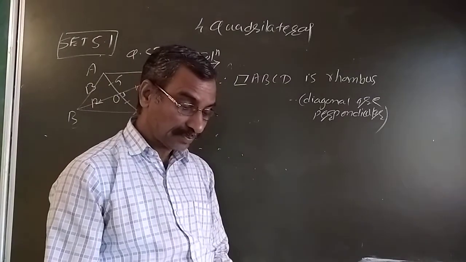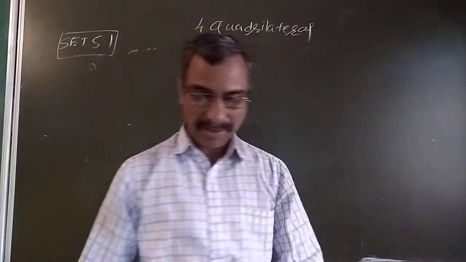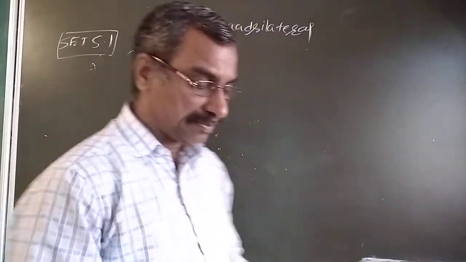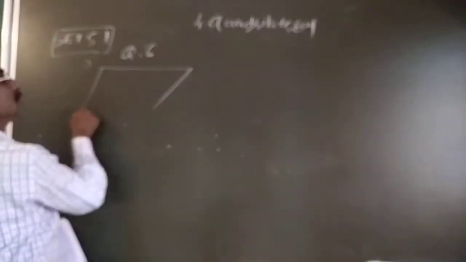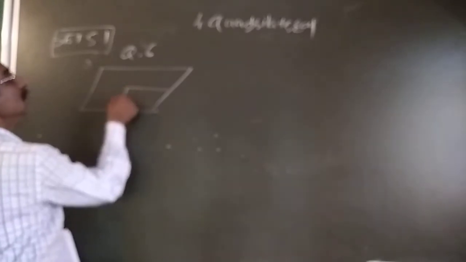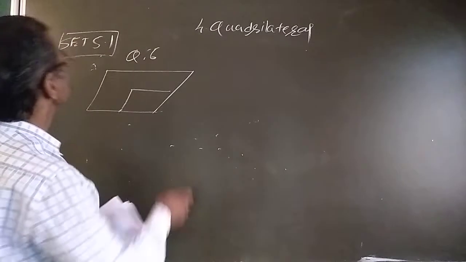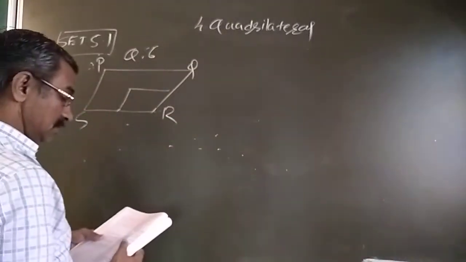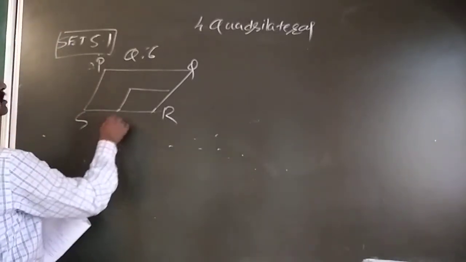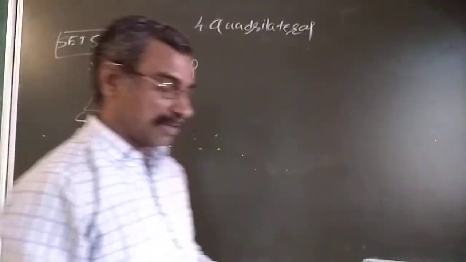Then, question number 6. Then we will solve question number 6. I will read it. In the diagram, a parallelogram and a small parallelogram are given. The names are PQRS and ABCR.